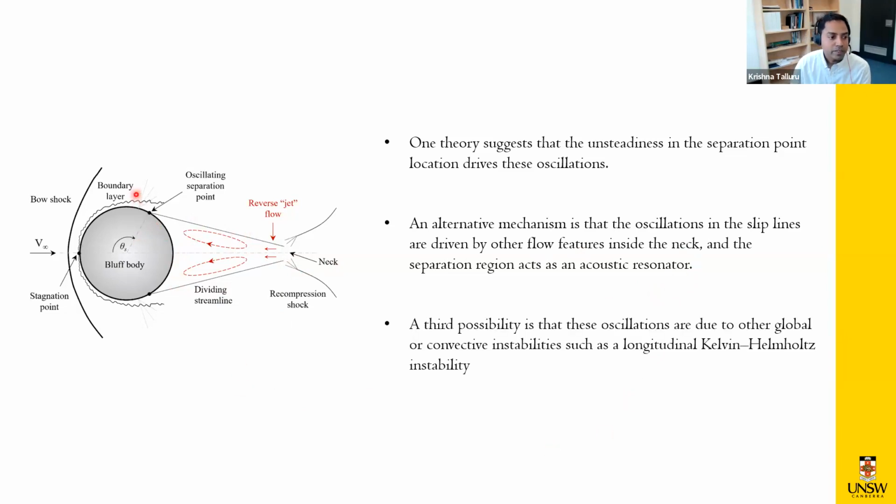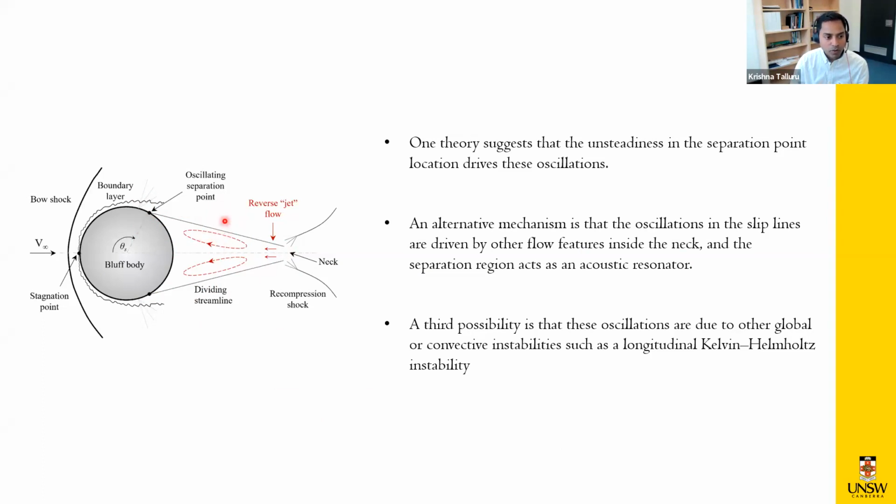And the third possibility is, although I have represented here the dividing streamline or the shear layer as a very thin line, in fact the shear layer is actually quite a fluctuating region. Across the shear layer, the velocity within the recirculating region is predominantly subsonic or mildly supersonic, and within the free stream we know it is still supersonic.